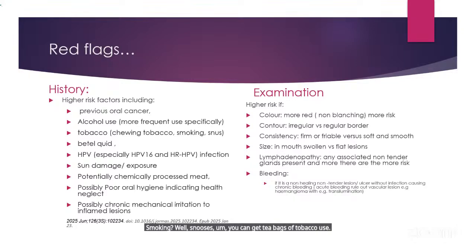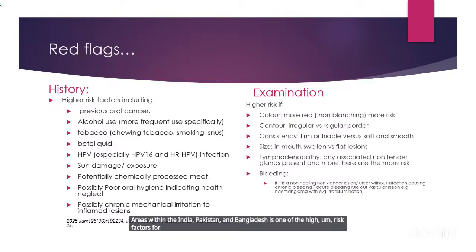Betel quid, which is the areca nut made into a paste, and in many subcontinental areas within India, Pakistan and Bangladesh, is one of the high risk factors for oral cancer and something called oral submucous fibrosis.